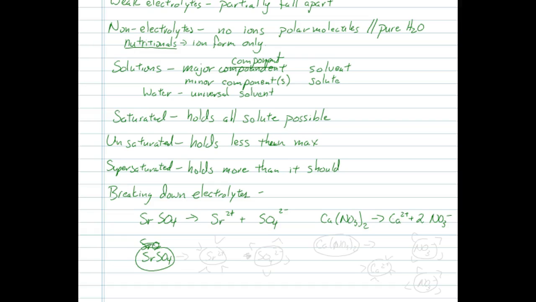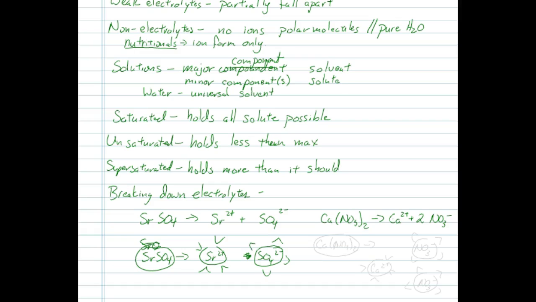SrSO4 is one chunk, and it falls apart to make Sr2+ and SO4 2-. But don't forget that you need to hydrate it, so you have some waters pointing toward the positive and away from the negative.